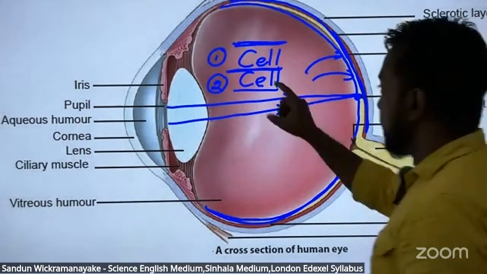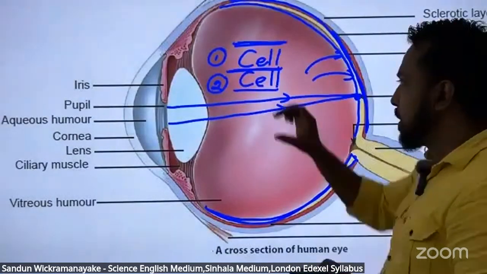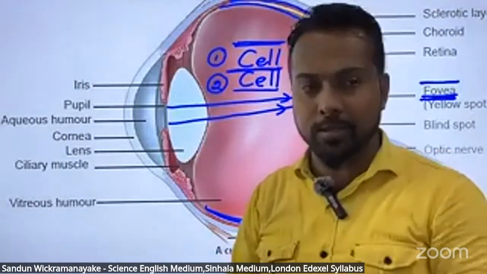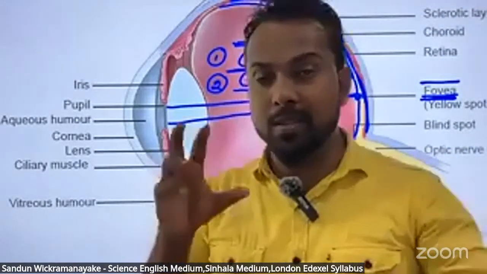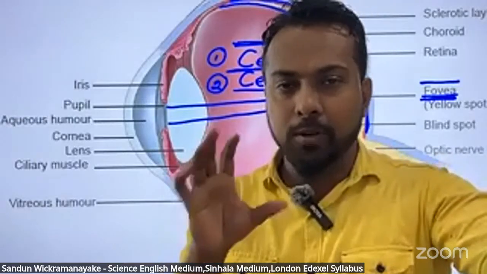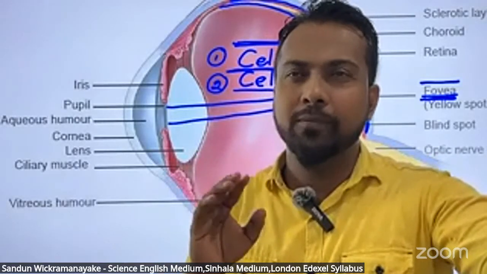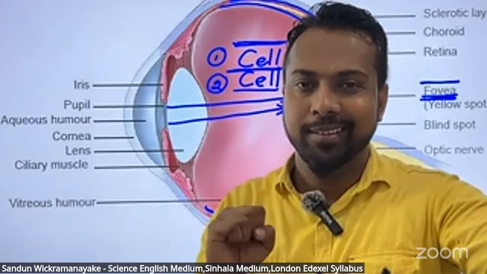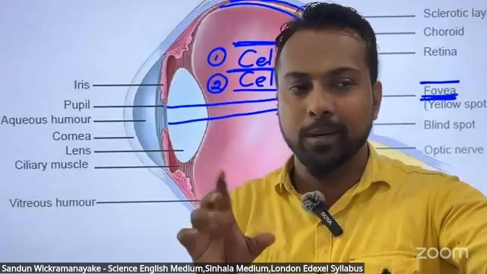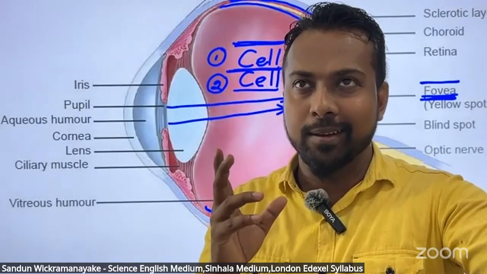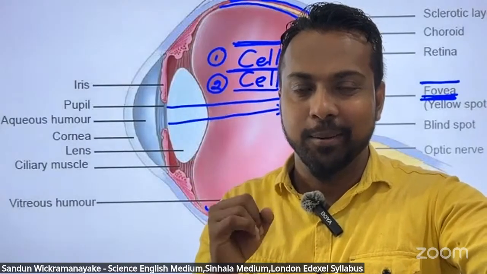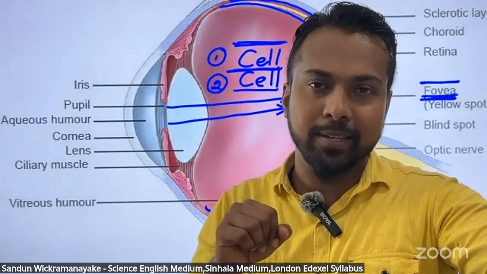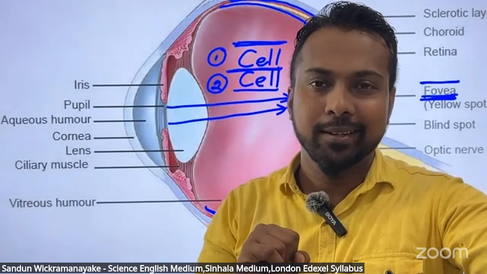Right. This kind of cell, we can call it rod cells. Only rod cells are found in animals like tiger, lion, and cat. But the cow, human, and also the monkey have another kind of cell inside the retina.